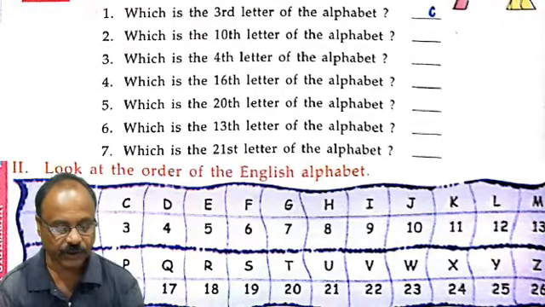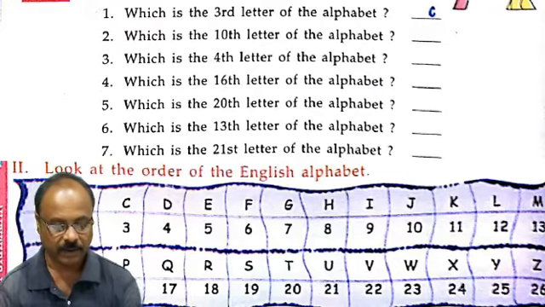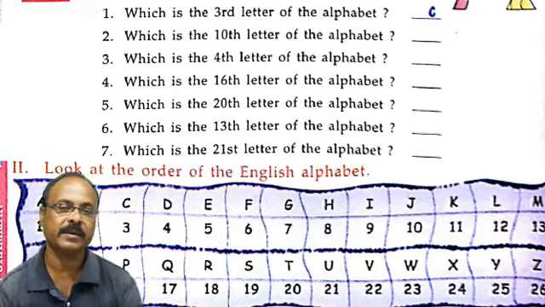Which is the 10th letter of the alphabet? J. J is the 10th letter of the alphabet. Which is the 4th letter of the alphabet?